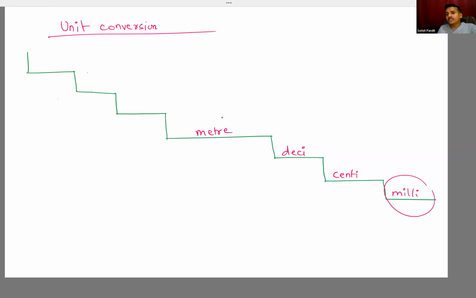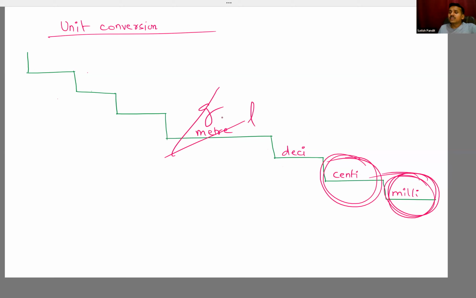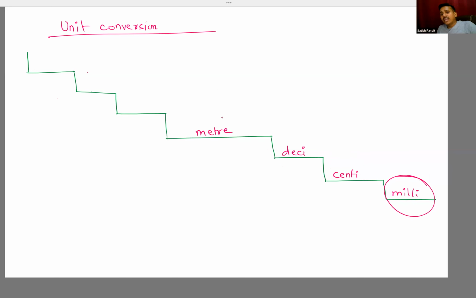So this will become millimeter, centimeter, decimeter. If you put gram here, it will become milligram, centigram, decigram. If you put liters here, it will become milliliter, centiliter, deciliter. I am putting meter because in this chapter we have only length and distance. So milli, centi, decimeter, and then we have deca, then hecto, and then kilo.